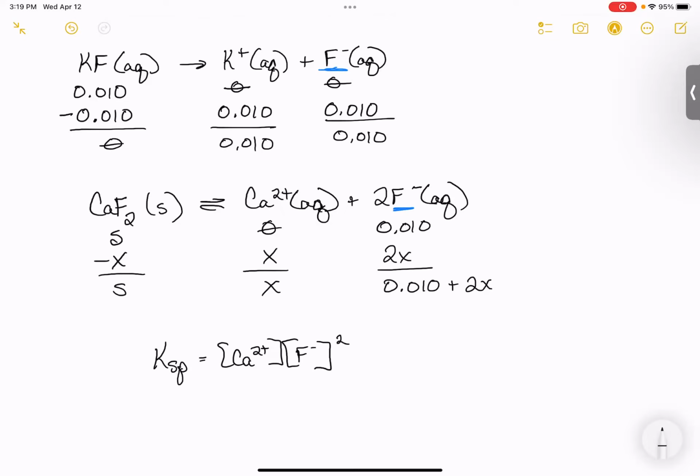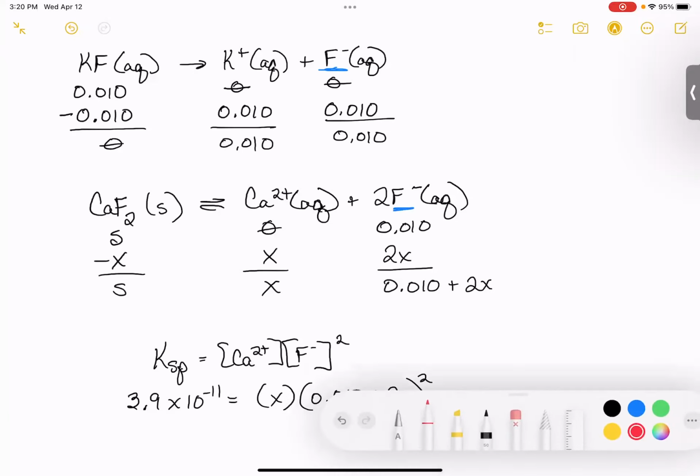So our 3.9 times 10 to the minus 11, that's equal to X times 0.010 plus 2X, squared. Again, we're going to make an assumption that the 2X is going to be negligible compared to the 0.01.